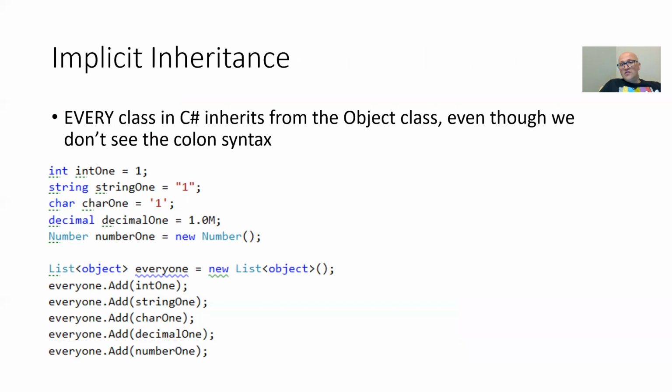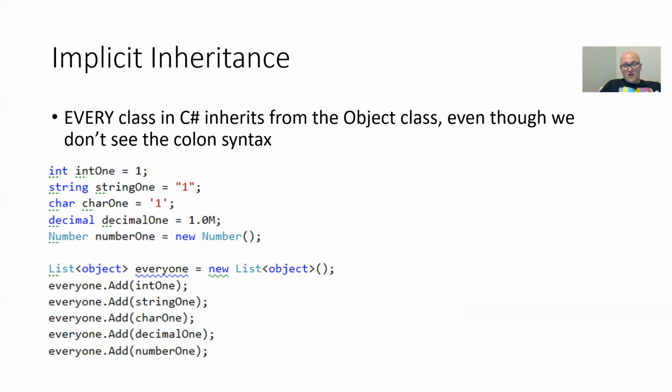Okay, one thing that's very subtle in C# is that every type, every class, whether it's an int or a shark or a string or a health savings account, all of the types inherit from one type and it's called object. So if you ever find yourself in a place where you need to store lots of different things that are not the same type, you can always store them as an object. And you can see that example here, right?